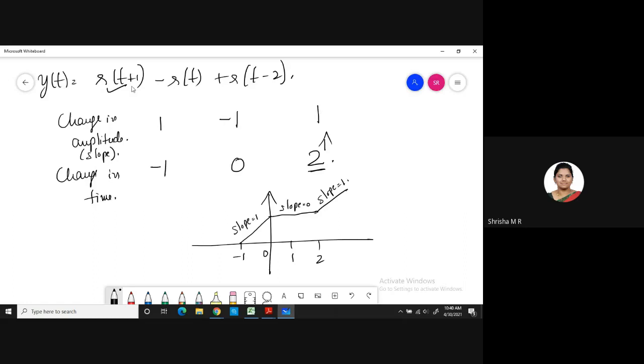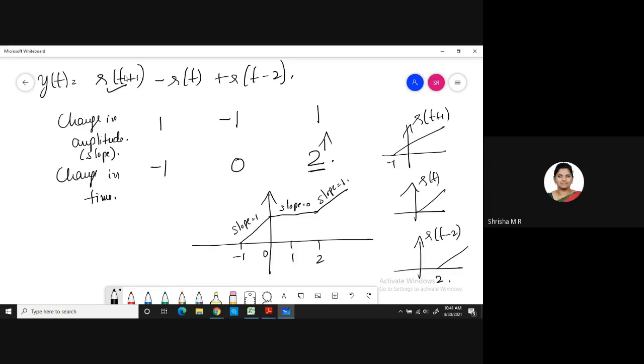At what instant does R of t plus 1 occur? It occurs at -1. K is positive, so it is left shifting, and the signal occurs 1 second earlier. R of t means the signal starts from 0. R of t minus 2 means the signal starts from +2.